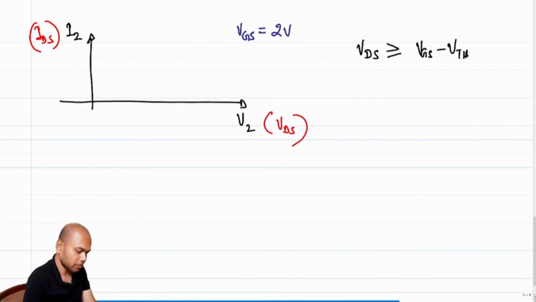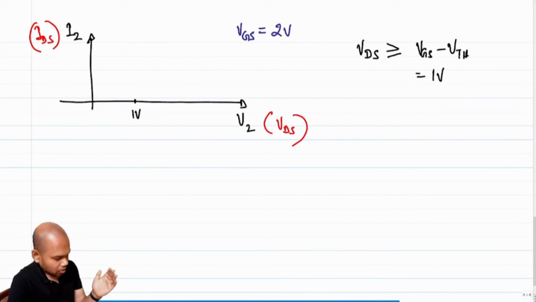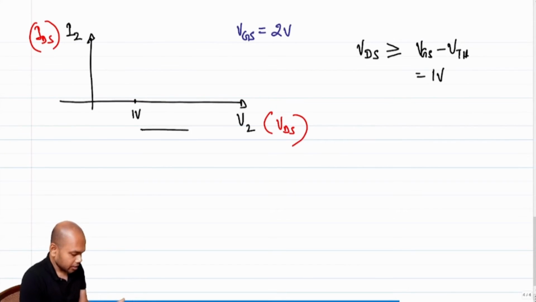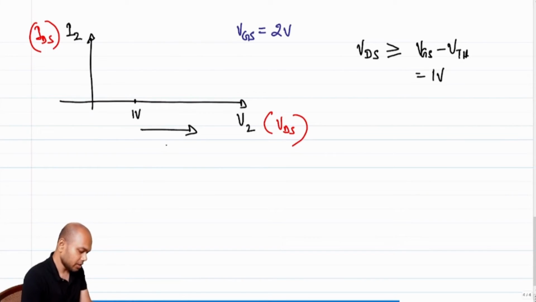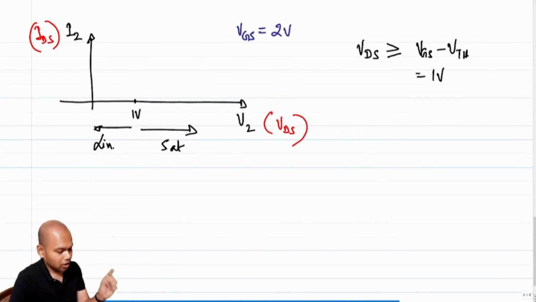Threshold voltage is 1 volt, so this becomes 1 volt. If I mark off 1 volt here, any side of the plot where VDS is greater than 1 volt will be saturation region, and this side will be linear region for the condition of VGS equal to 2 volt.